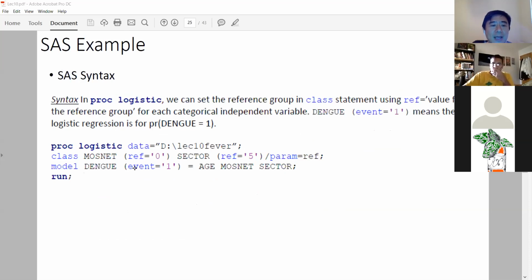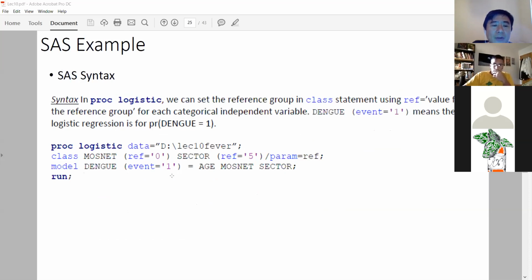So if you specify event equal to 1, SAS will automatically and quietly create a dummy variable 0 and 1, where 1 is dengue fever and 0 is no fever. And again, not only the reference is one thing you need to worry about.